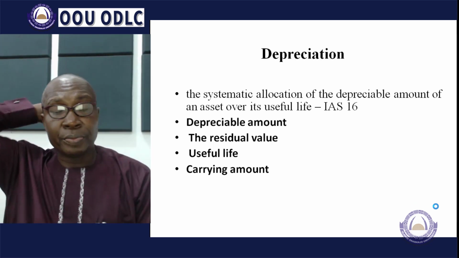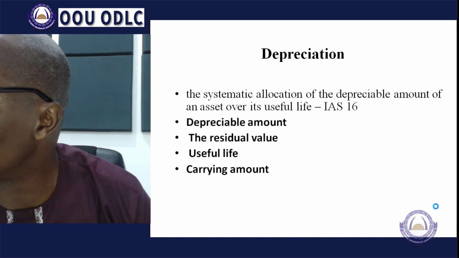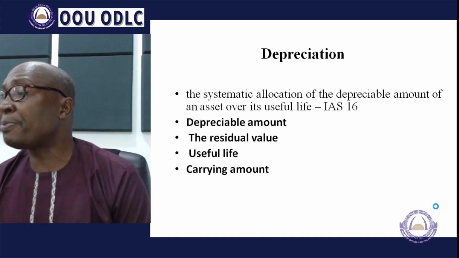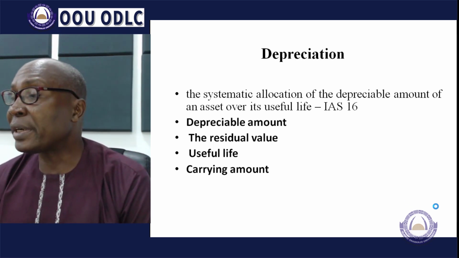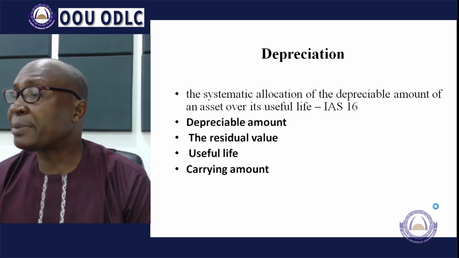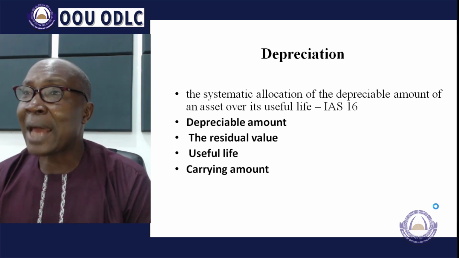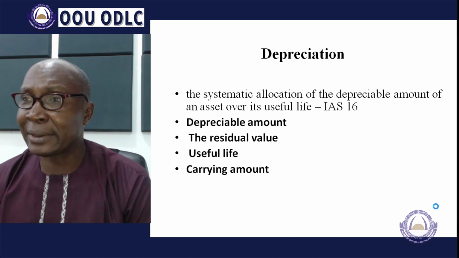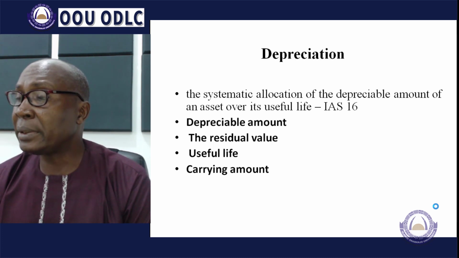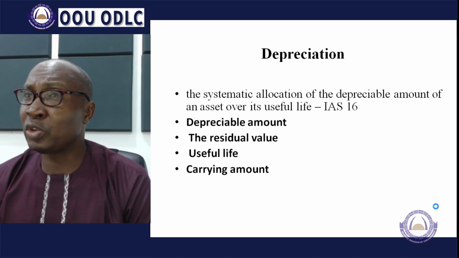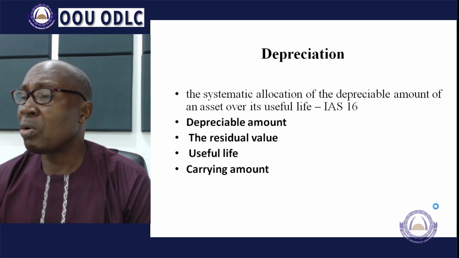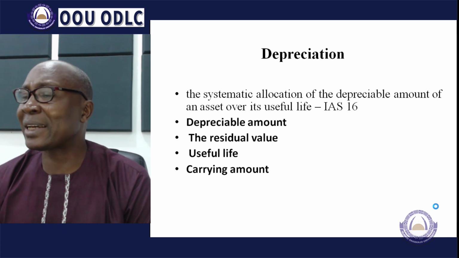Derecognition. Derecognition is the process of removing an item of PPE previously recognized from the statement of financial position. An asset is derecognized when A. it is disposed of, or B. no sale value is derived through disposal as scrap.